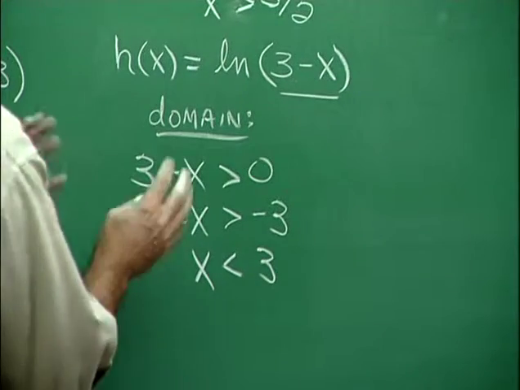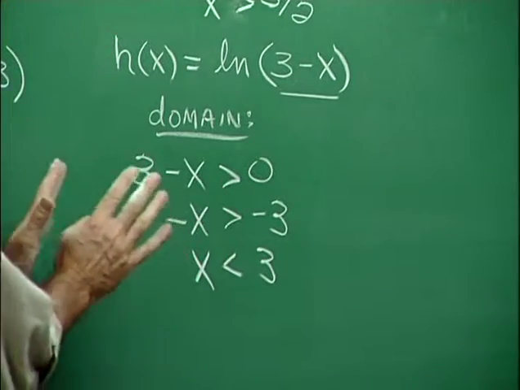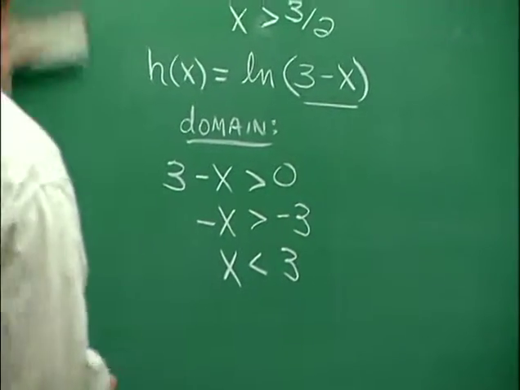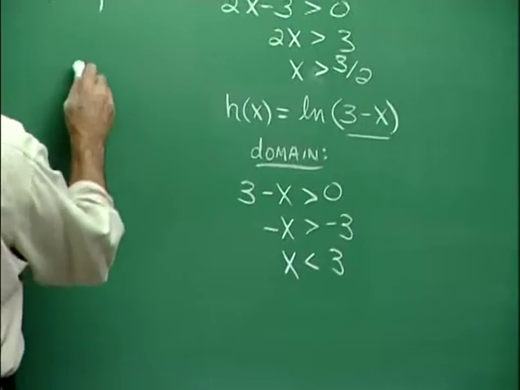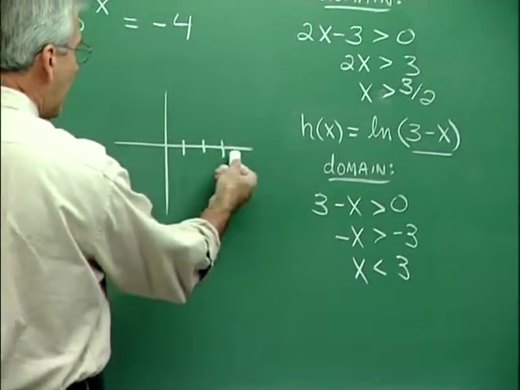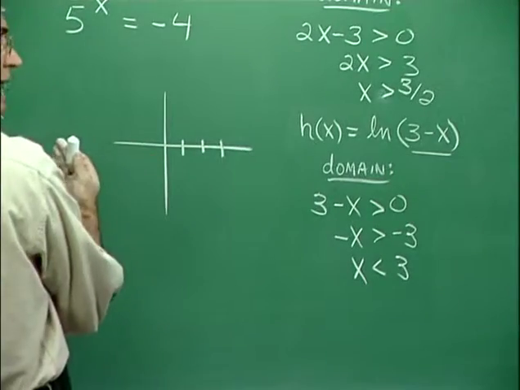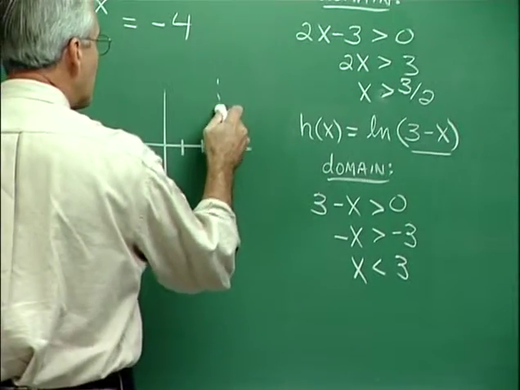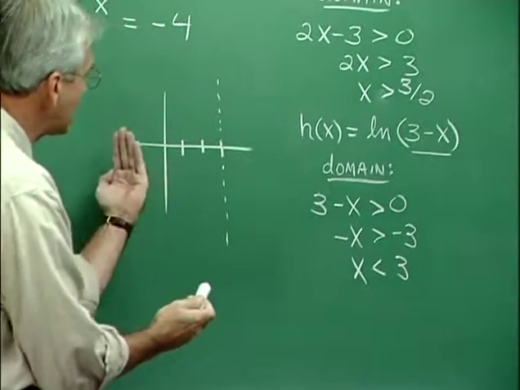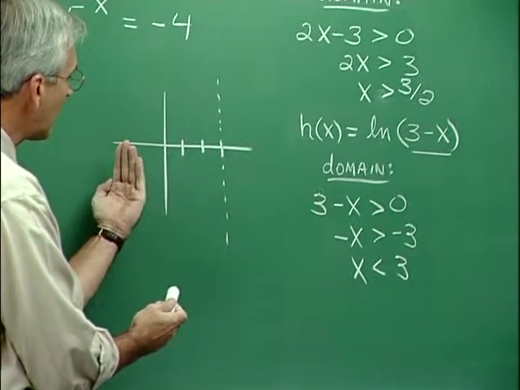Now what that tells us about the graph is this: if we don't know anything else about the situation, we know that for x values less than 3, the graph is going to lie over here, and the asymptote is going to be here. So we're over here with our graph.